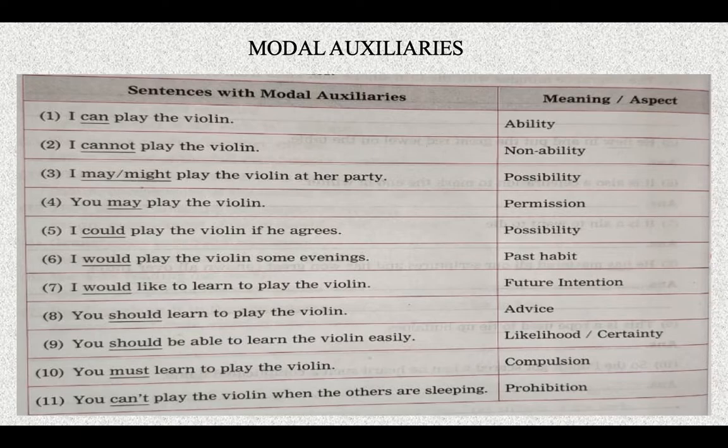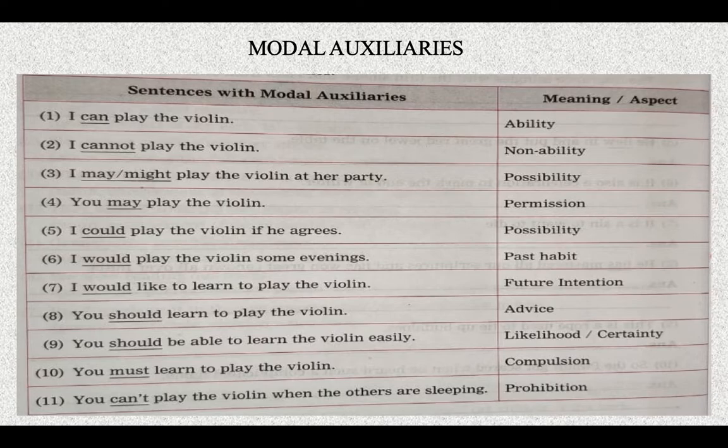For example, the first one, I can play the violin. Can, of course, is a modal auxiliary. It is a verb, it is helping the main verb in the sentence, that is play. So I can play the violin, which shows that the child is able to play the violin, therefore showing ability. I cannot play the violin. Cannot, of course, is showing that they cannot, therefore it is showing non-ability or inability to play the violin.